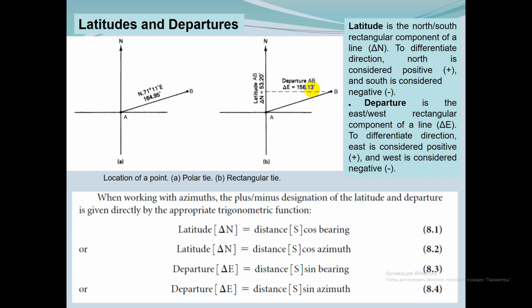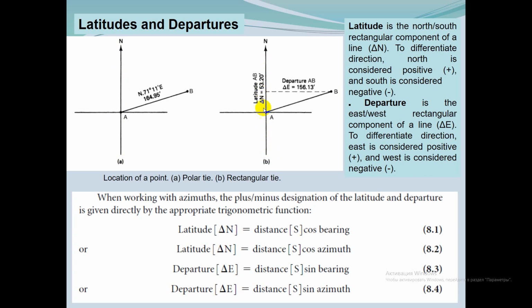So by definition, latitude is the north-south rectangular component of a line, delta N. To differentiate direction, north is considered positive, plus, and south is considered negative.